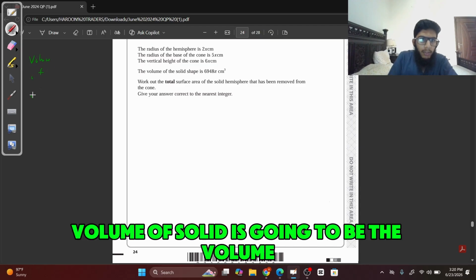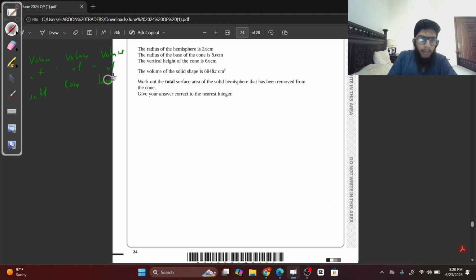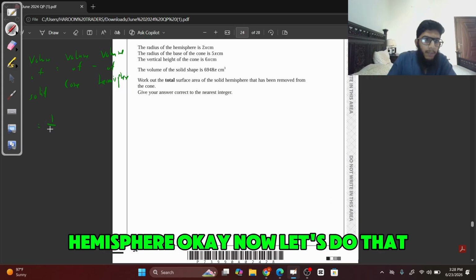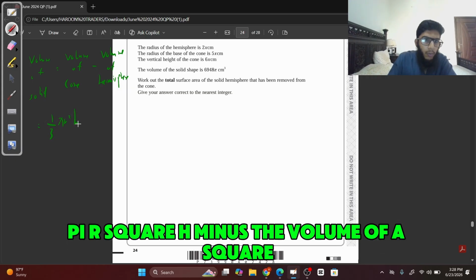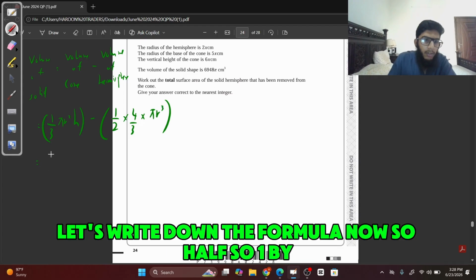Volume of solid is going to be the volume of the cone minus the volume of the hemisphere. So the volume of a cone is going to be 1 by 3 pi r squared h, minus the volume of a hemisphere, that's going to be half into 4 by 3 into pi r cubed. Okay, let's write down the formula now.